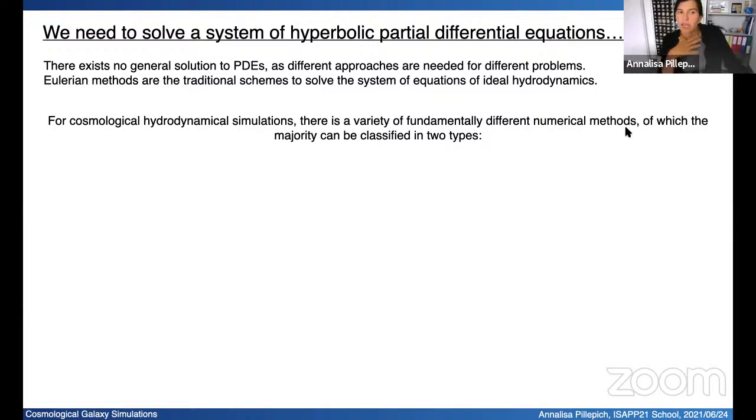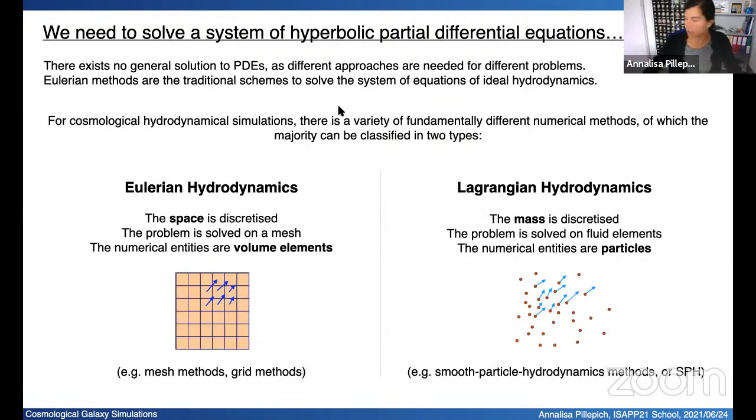Eulerian methods are traditional schemes, but in numerical cosmology and numerical galaxy formation there is a variety of different numerical methods, and they can be classified as a starting point into two types that I'm sure you have heard about: Eulerian hydrodynamics and Lagrangian hydrodynamics. In the first case, the space is discretized. The problem is solved on a mesh, on a grid, and the numerical entities are volume elements.